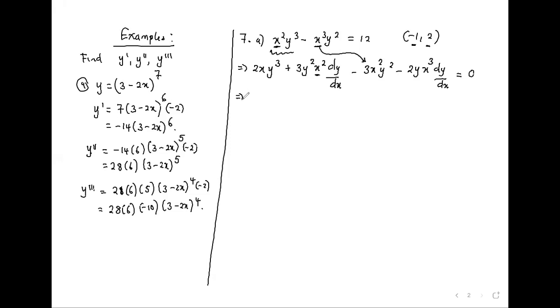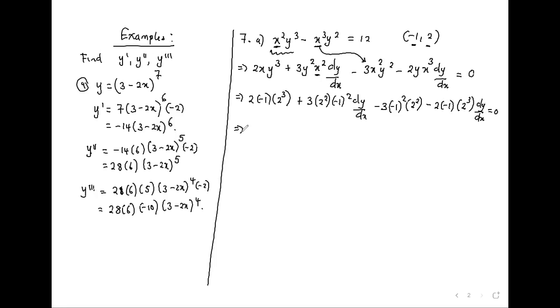So what we have now is 2 multiplied by -1 by 2 to the power 3, plus 3 multiplied by 2 to the power 2 times (-1) squared dy/dx, and then minus 3 times (-1) squared times 2 squared, minus 2 times (-1) times 2 to the power 3 dy/dx is equal to 0.